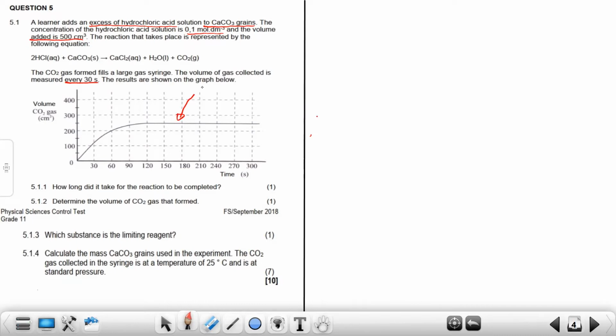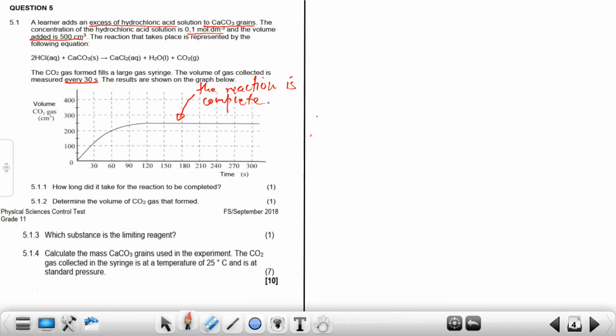It says the reaction is complete. So because of this, it allows me to know when it started to approach completion, not equilibrium, but completion. And I did explain this in one of our lessons previously.